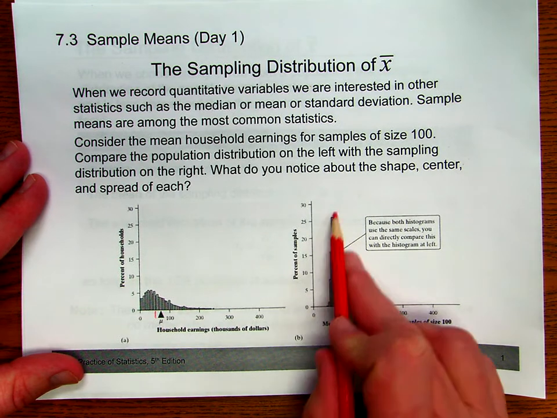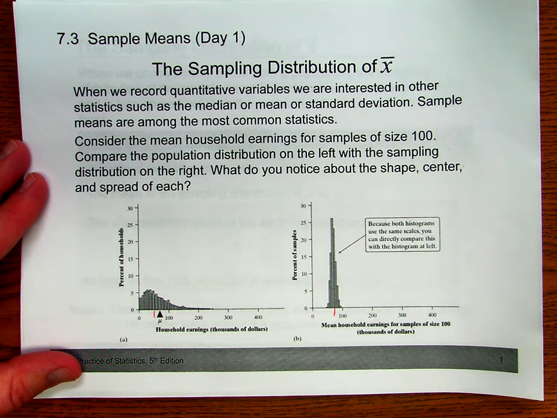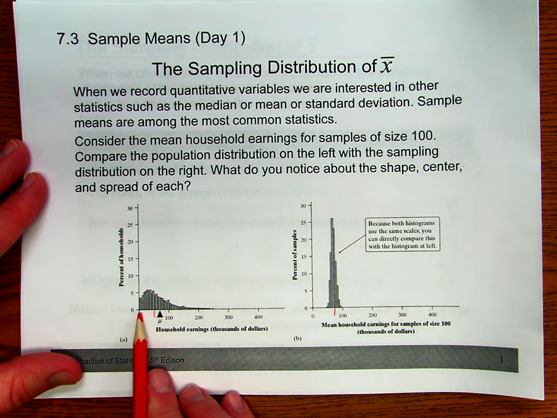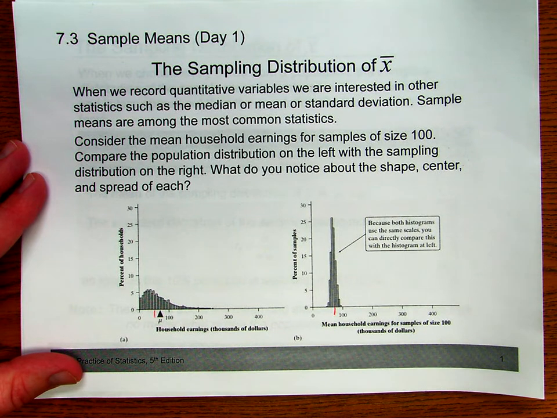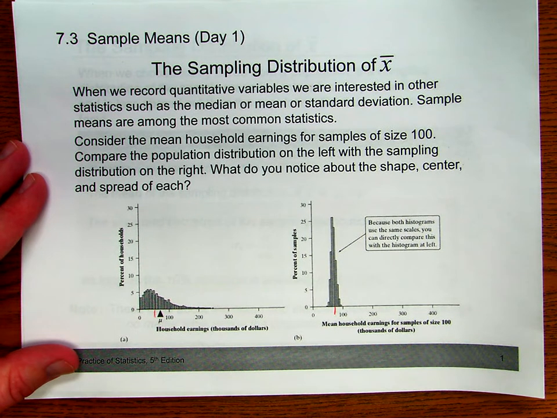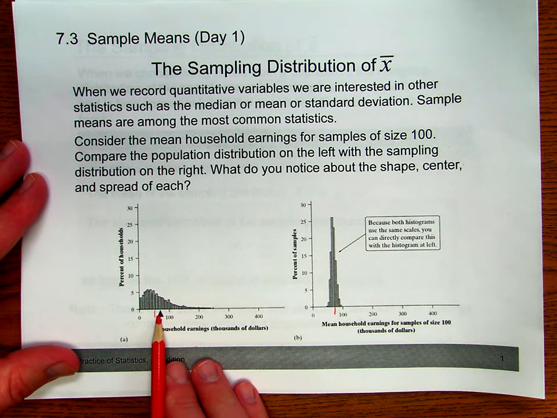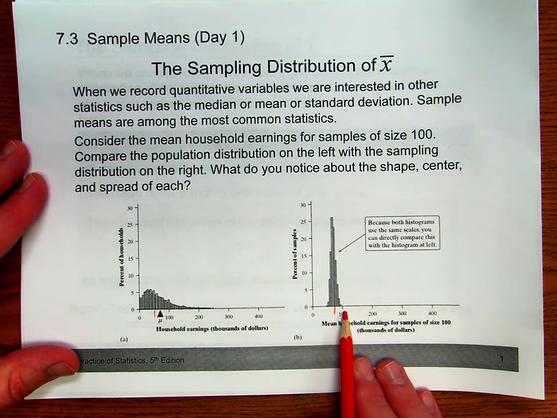This one here appears to be bell-shaped. Perhaps we could classify it as approximately normal. The spread of this is certainly bigger than the spread of that, or you could say the spread of this is less than the spread of that. So those are some general observations comparing the population distribution to the sampling distribution.